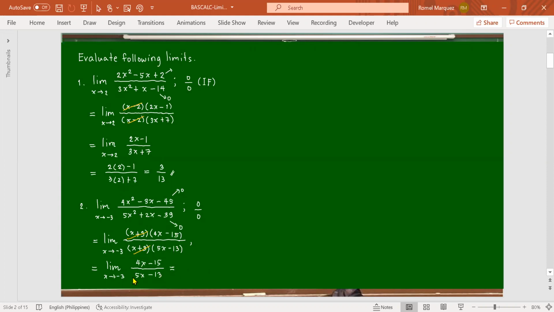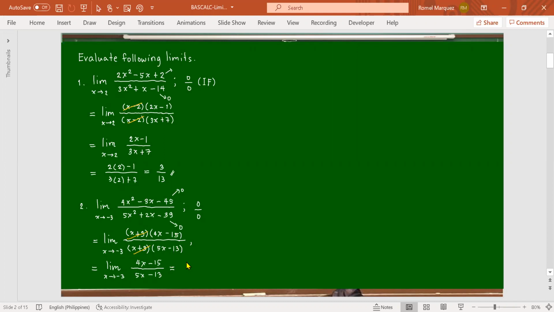This new function has a limit at −3, and this function is equal to the original function on an interval containing −3 except at −3. Ang maganda sa new function, the limit exists, samantalang yung original, hindi pa natin alam kung nag-exist. But now we know.